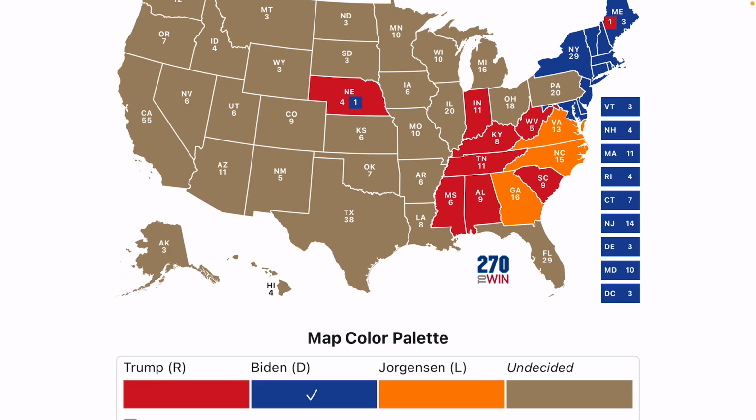And then one state I want to talk about in particular is Florida. Florida was obviously too early to call at first, and Biden had a significant lead of about 200,000 votes. But as time went on, more votes were counted. Donald Trump regained the majority of that ground and actually surpassed Biden.